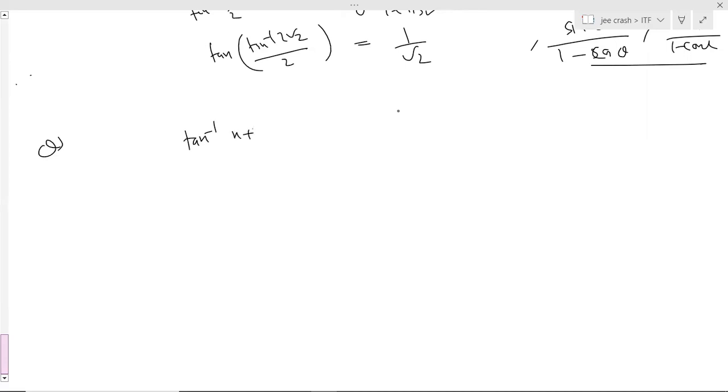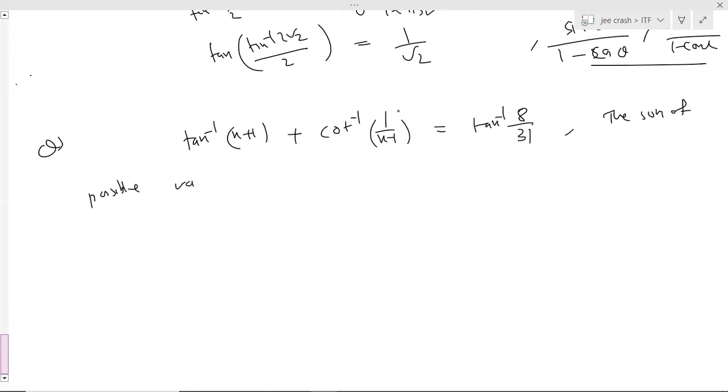Tan inverse of x plus 1 plus cot inverse of 1 upon x minus 1 equals tan inverse 8 upon 31. Find the sum of possible values for x.